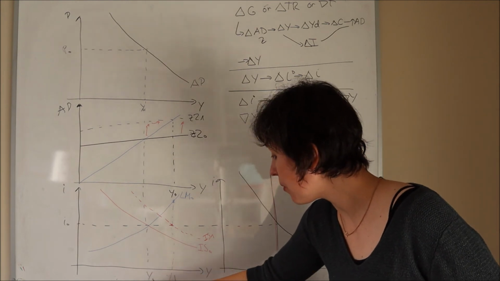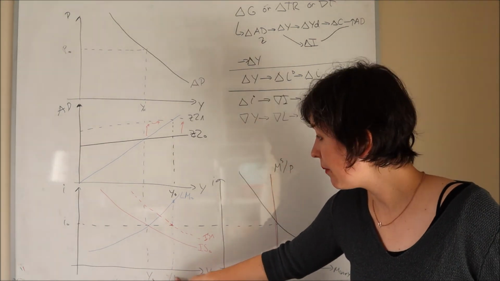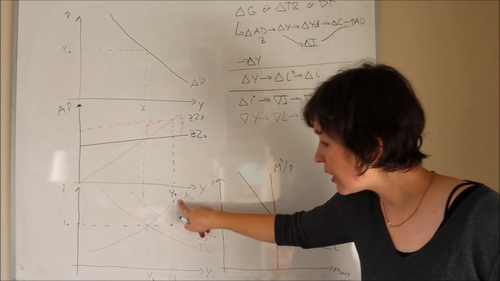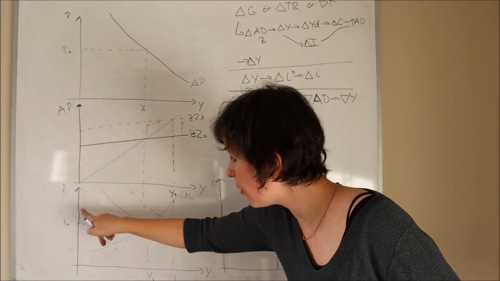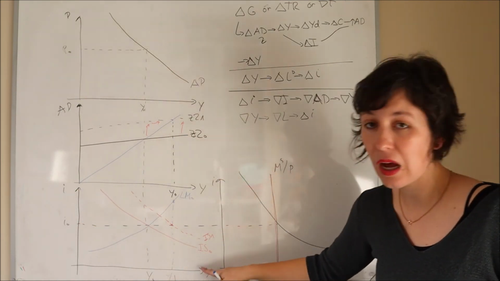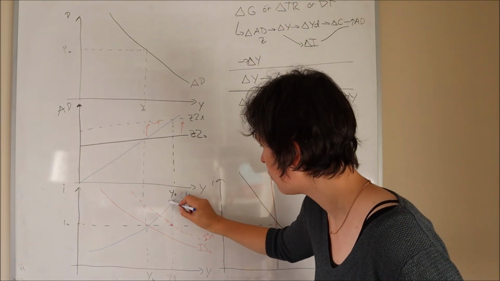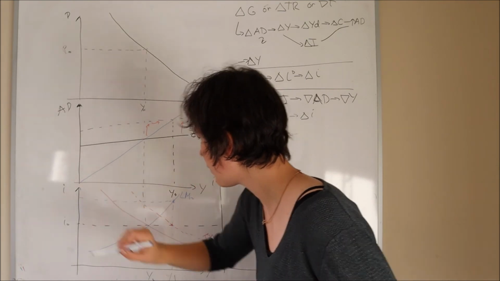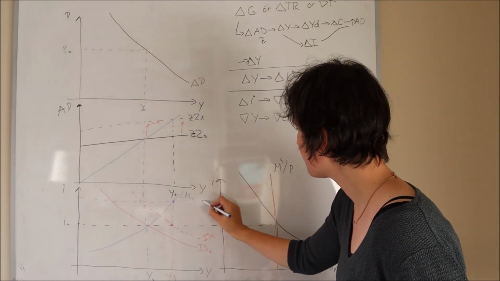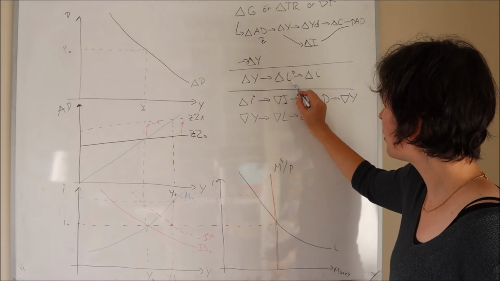If the new level of production is Y1, the new interest rate of equilibrium is going to be here. Okay, I know that for sure, because here I have the interest rate of equilibrium given any possible output. So I know for sure the new interest rate is going to be here, given that level of output. Because the output is higher, the demand of money is higher.